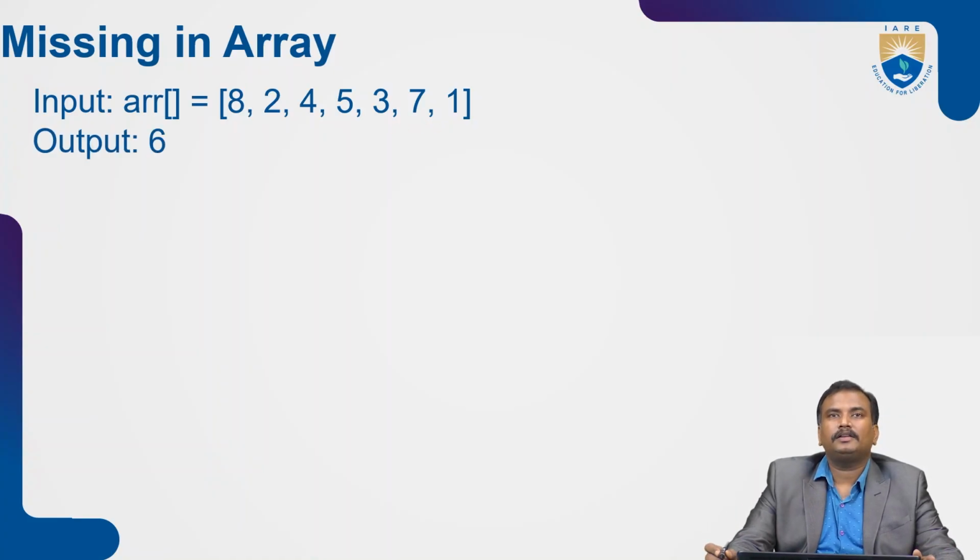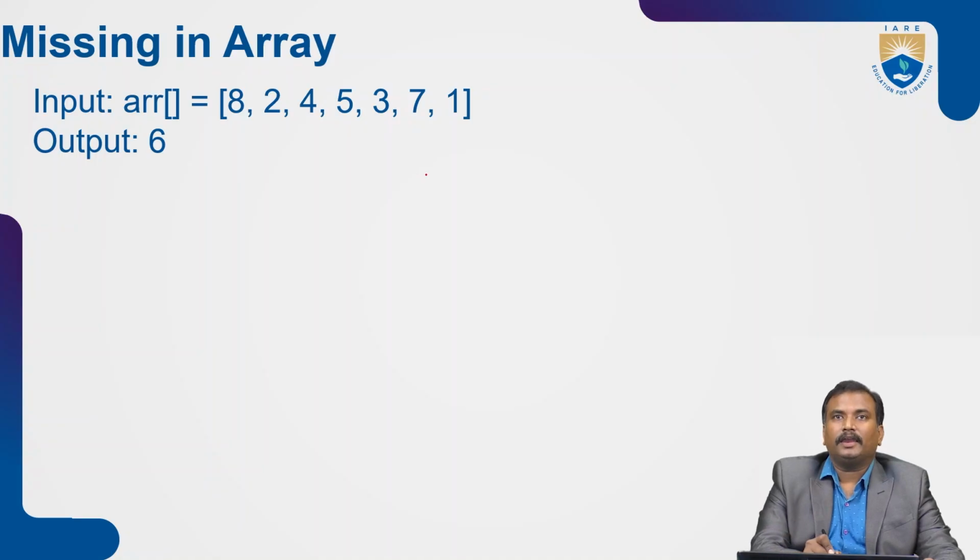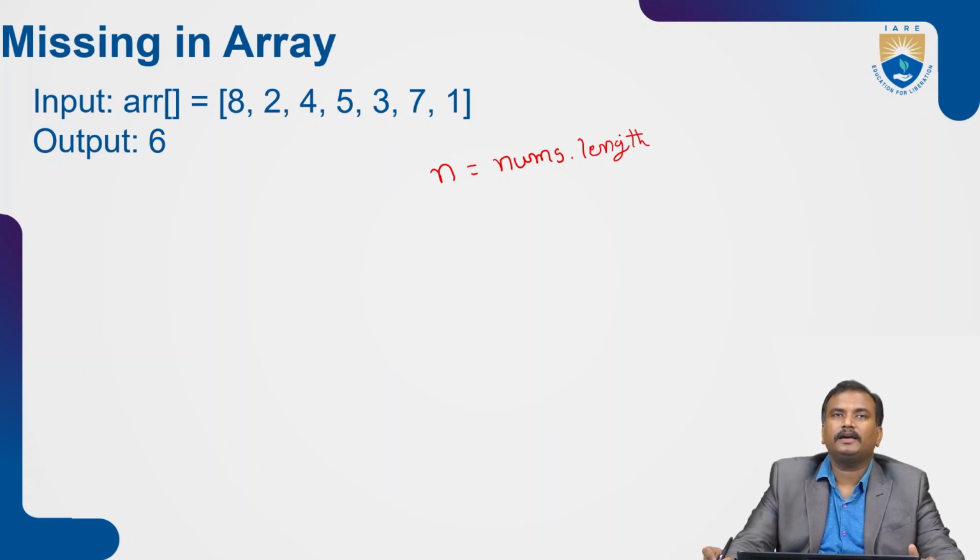Here also the same method we need to follow, but only a small change. Here the n value we have taken is nums dot length in LeetCode, whereas here we have to take array dot length plus 1, because n minus 1 numbers are given, whereas in LeetCode n numbers are given.